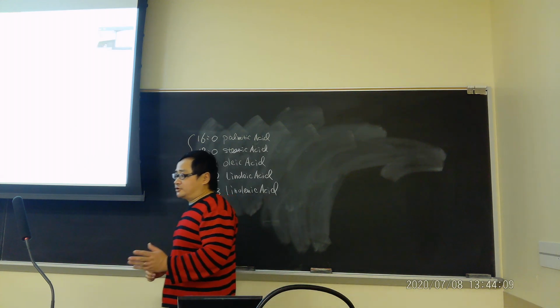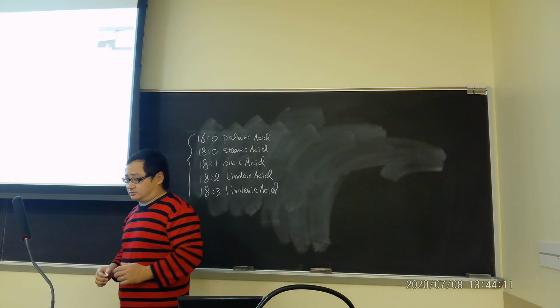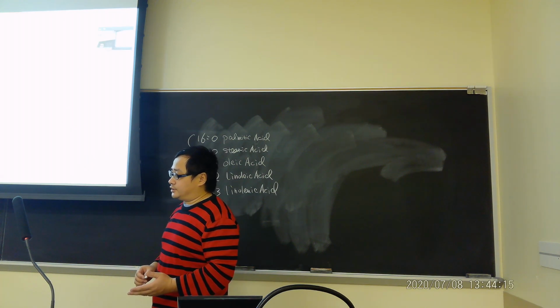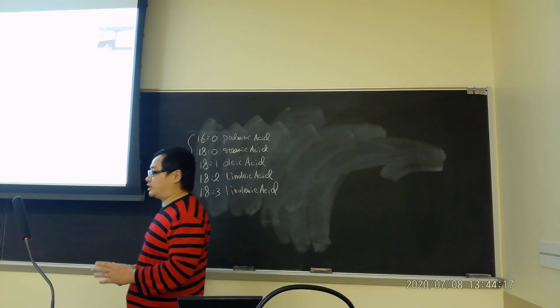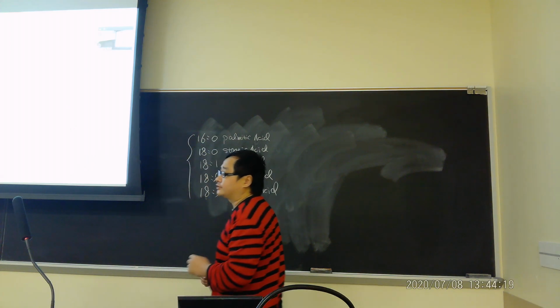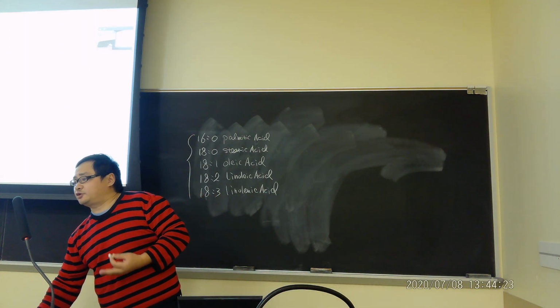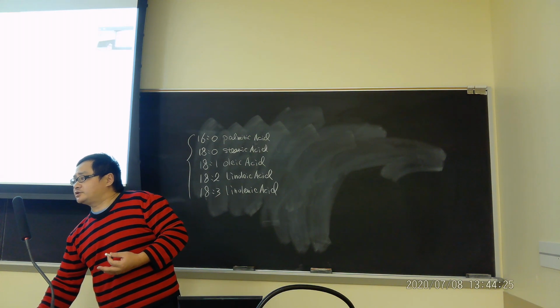Okay? Now first of all, when you see these meat, these animal depot fats, there is 20 to 30% which is palmitic acid. You can see that. And the others, somewhere between 20 to 25, you will see oleic acid, and stearic acid is also very high.